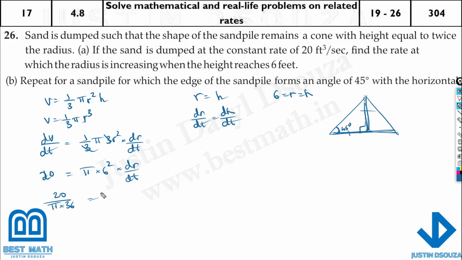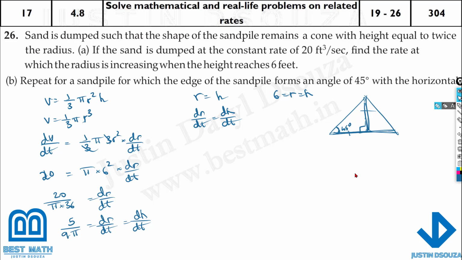It's 36. That is dr by dt. So you can put this in the calculator and simplify, but the 4 table goes. So I'm just going to do 4 5 times is 20, and over here 4 9 times. So 5 by 9 pi is equal to the rate of change of radius with respect to time, or the rate of change of height with respect to time, because both of them are equal.